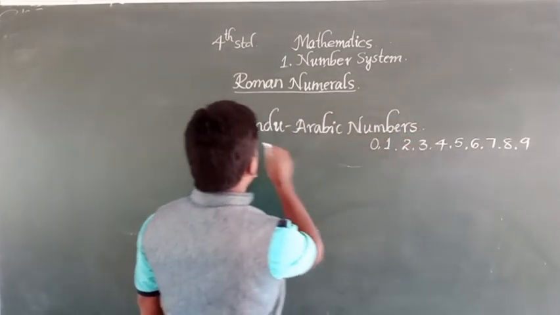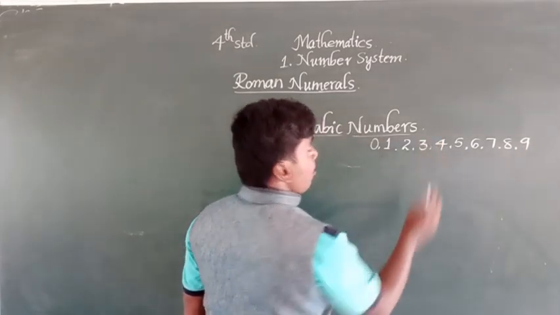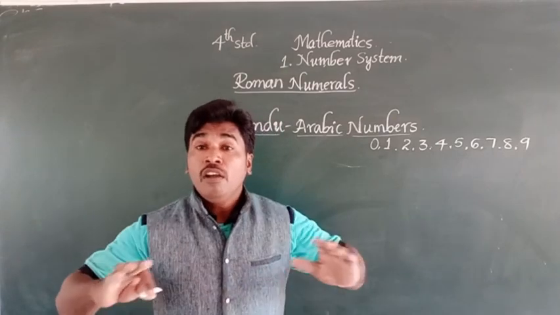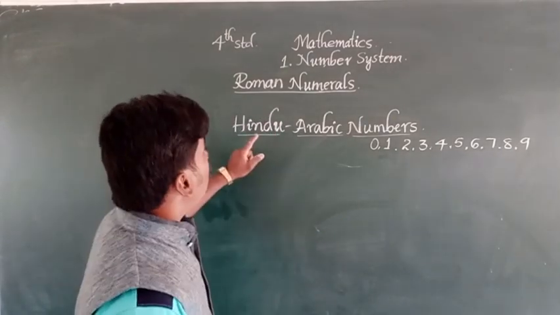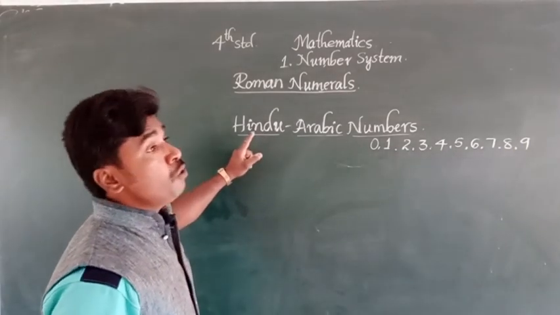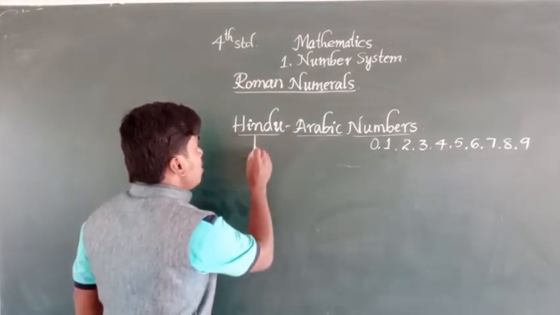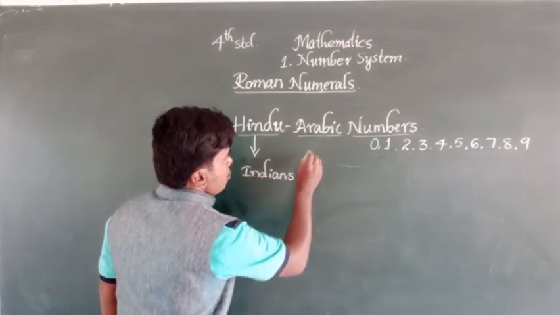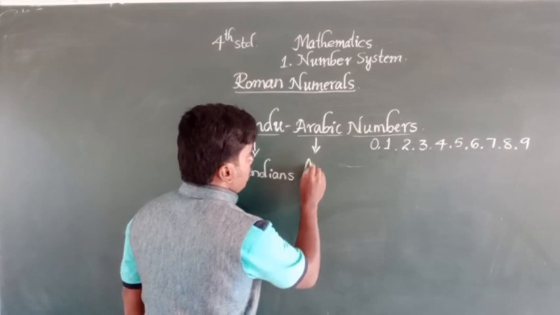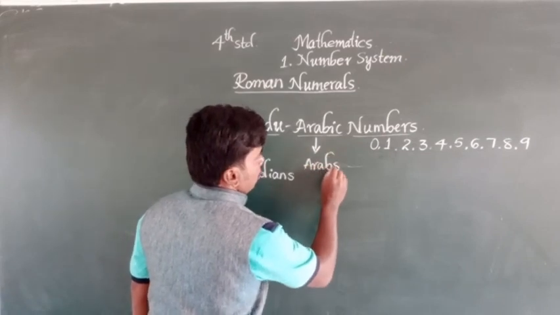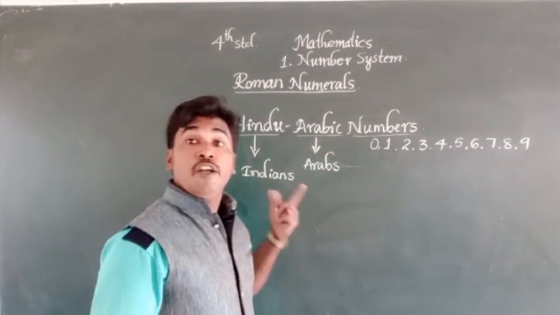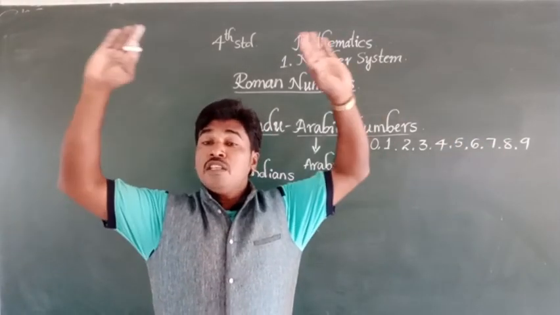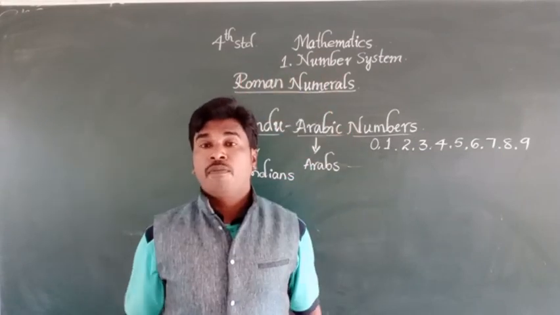Dear children, why has the word Hindu come? In India, the maximum people who live there are considered Hindu. So, Hindu means Indians and Arabic means Arabs. Indians introduced the numbers, whereas Arabs spread these numbers all over the world.